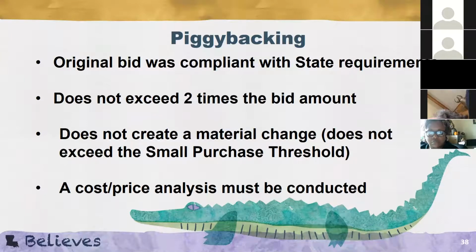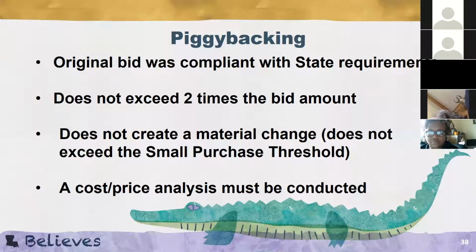The total purchases will not exceed 2 times what was purchased by the original person bidding the contract. This could conflict with the material change provision, so the SFA must determine which is stricter. Remember that a material change means that the piggybacking agency's purchases cannot exceed the small purchase threshold, which is $30,000.